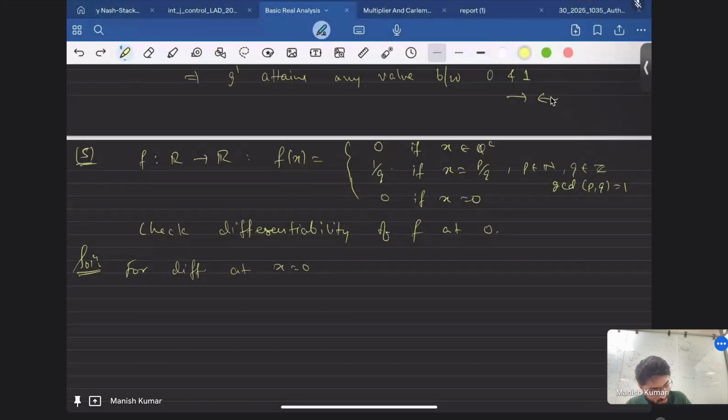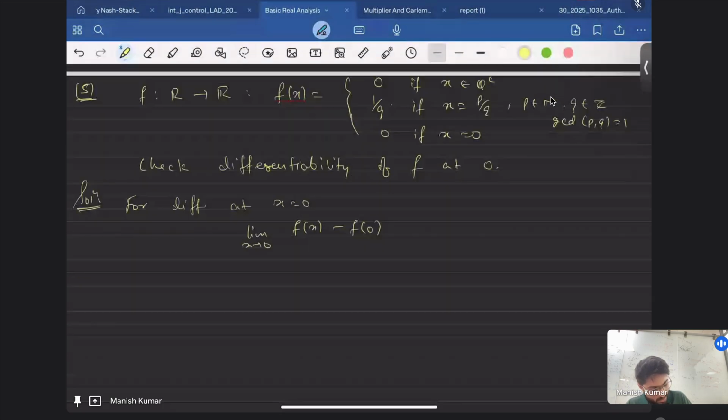So we need to check this thing. What is this term? f of x minus f of 0 on x minus 0 is nothing but f of x upon x, right?